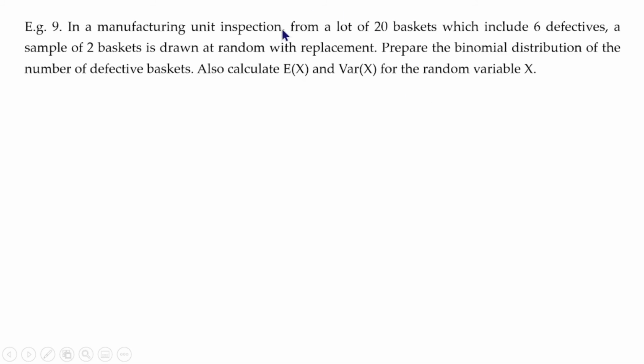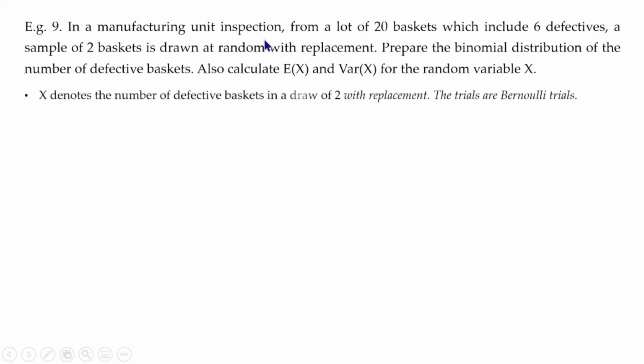So a similar problem was done in my previous video on probability distribution. There it was without replacement. If it was without replacement, then we cannot consider this as a Bernoulli trial. But here it is with replacement, so we can consider this as a Bernoulli trial.